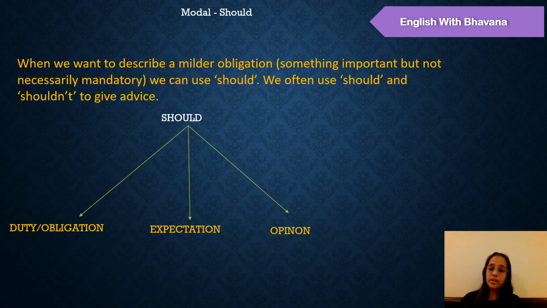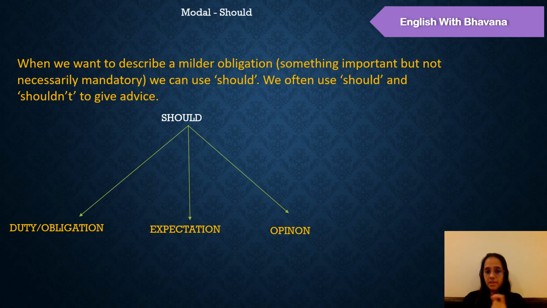So should is important, but it's not mandatory. Mandatory is something which you cannot skip. When I say you should, it's important, but there is a difference between you should and mandatory. It is important but it's not mandatory for you. Okay, we can use should.